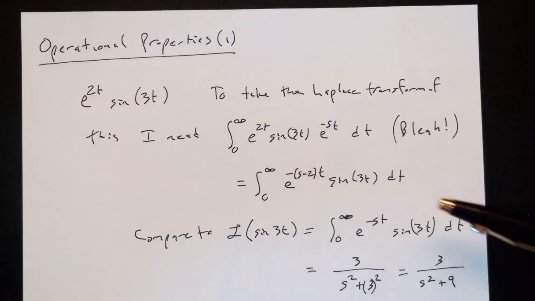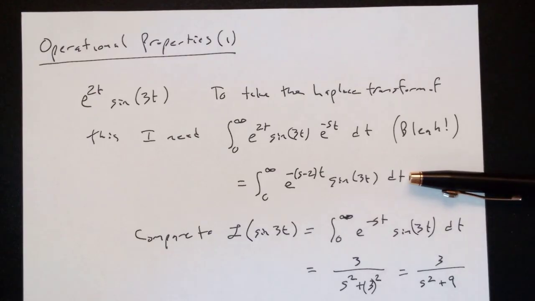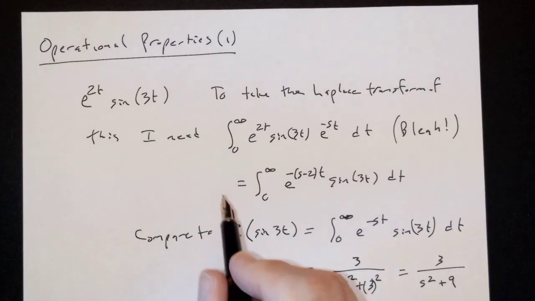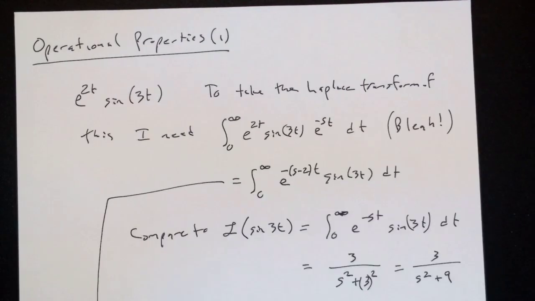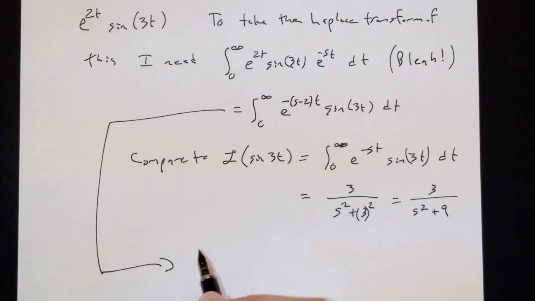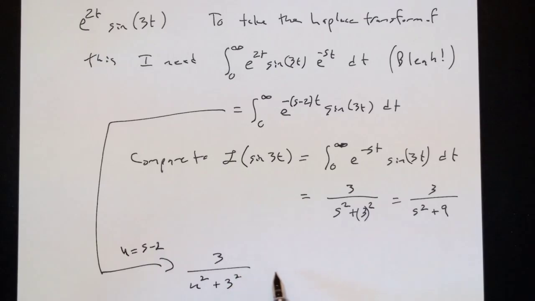But if I did the u substitution up here, where I wrote u equals s minus 2, then down here I'd have 3 over u squared plus 3 squared, wouldn't I? So coming from here, I should get 3 over s minus 2 squared plus 3 squared, because that's the Laplace transform with a change of variable up there.